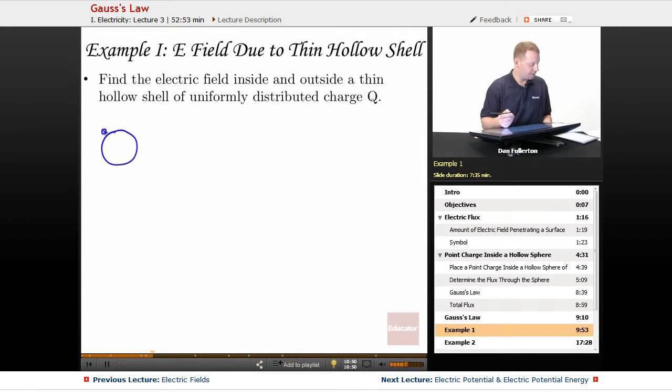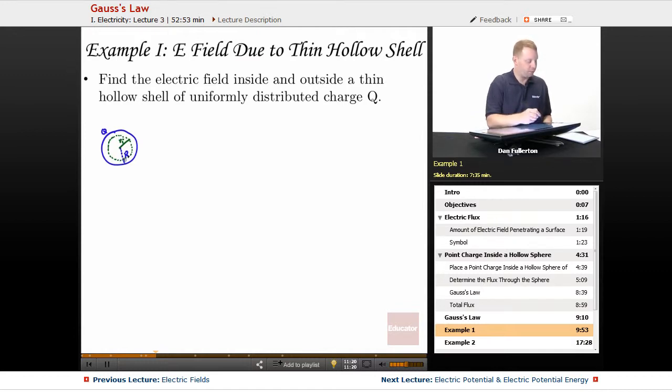So as we do this, let's start with inside. Let's look inside this sphere. We'll define a Gaussian sphere here in green, this mental sphere that we've made up to help us solve the problem. And we'll say that it's at some radius, which we'll call Ri, which is inside the radius of our shell of charge there in blue with radius capital R. So here's our Gaussian surface in green.